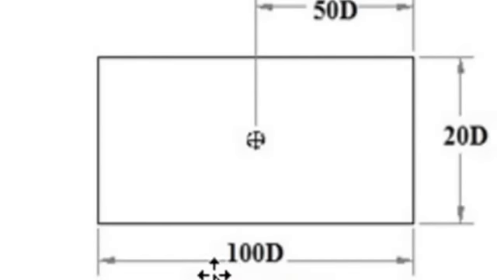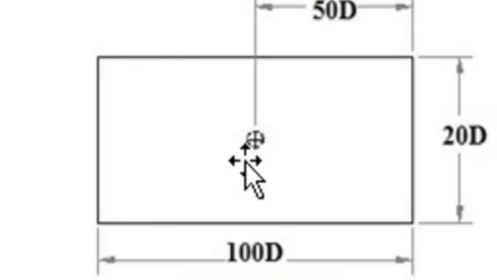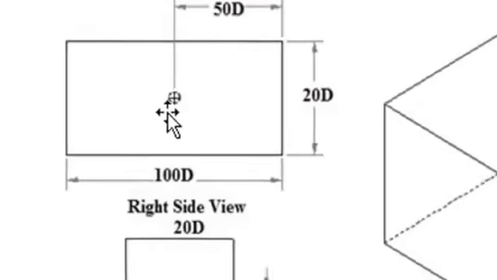As you can see, the domain is 100 times longer than the diameter and 20 times wider than the diameter itself, and the center of the cylinder is also the center of the domain. So we will first develop the 2D domain for the simulation.